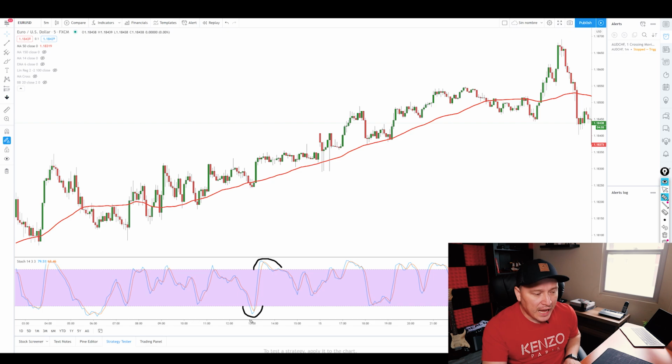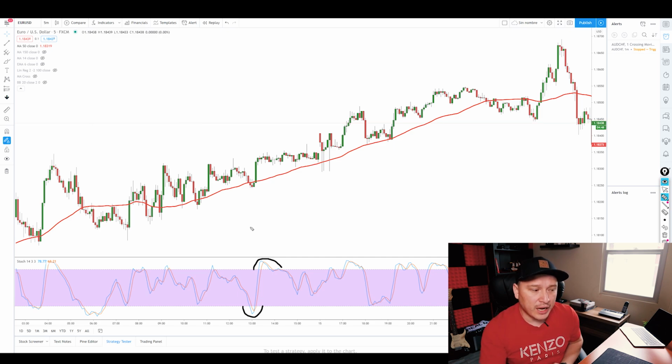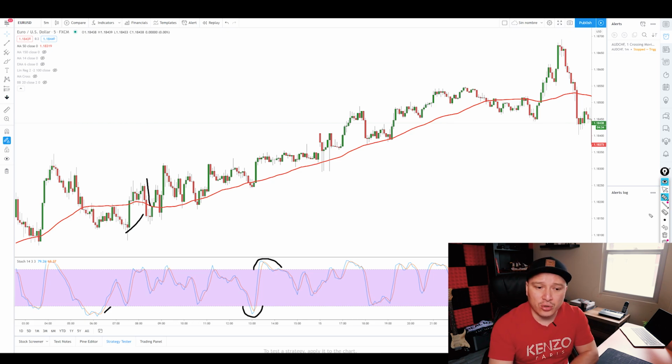When you see this, it usually means there's going to be a change in direction. Whenever it reaches the highest level, it's usually telling you that it's going to drop, and when it reaches the lowest level, it's usually telling you that it's going to jump. As simple as that.